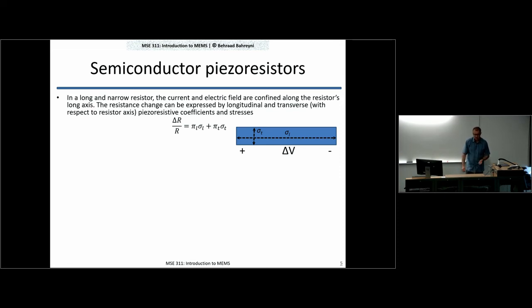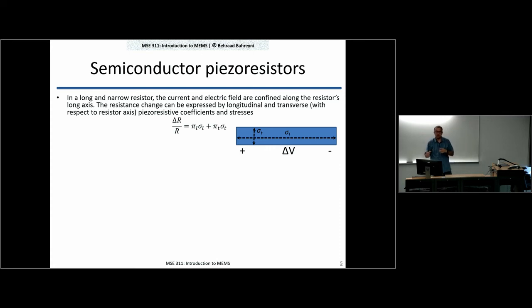And what we do is we say the length of this resistor, whatever that length is, we're going to take it as our longitudinal axis. And I calculate how much stress is applied along the length of this resistor, and how much stress is applied normal to it in the transverse direction.